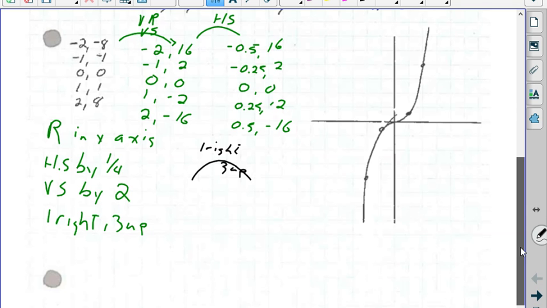So 1 right would be 0.5 and 19. 0.75 and 5. 1 and 3. And then I'm at 1.25 and 5 and 1.5 and, that should be a negative. And then we would plot those, but since I don't have any grid on here, I'm just going to sketch it.